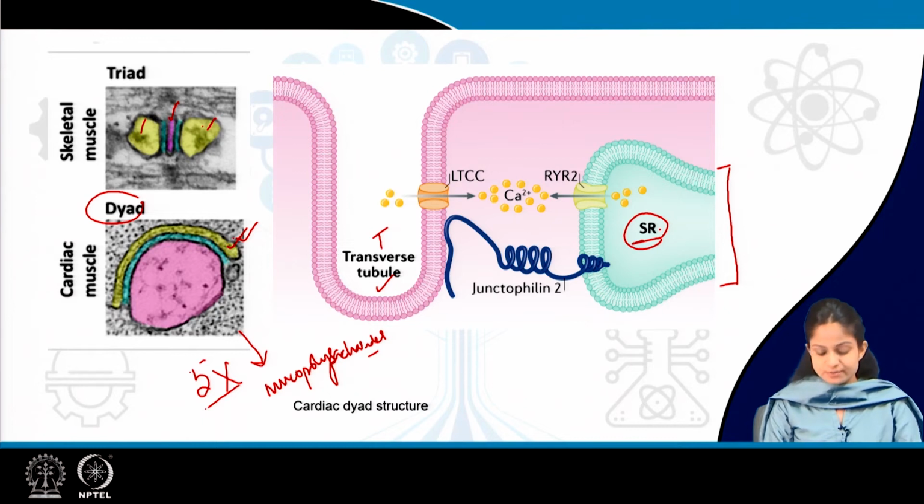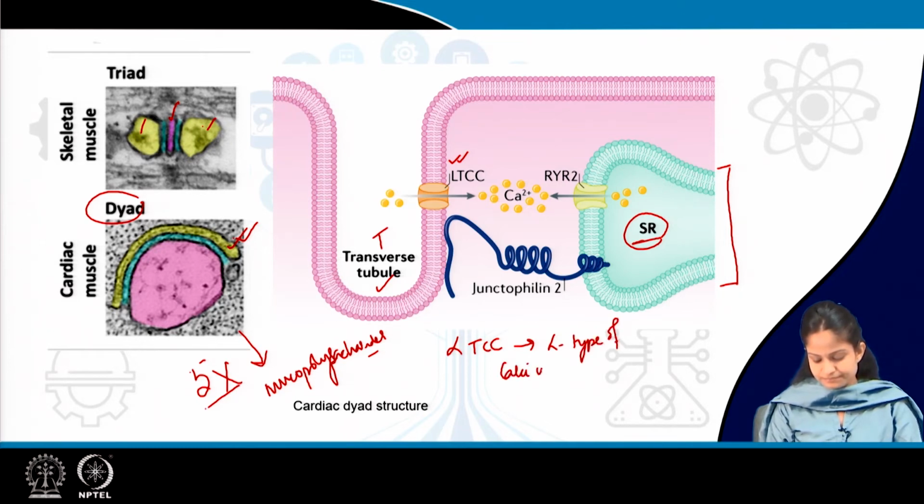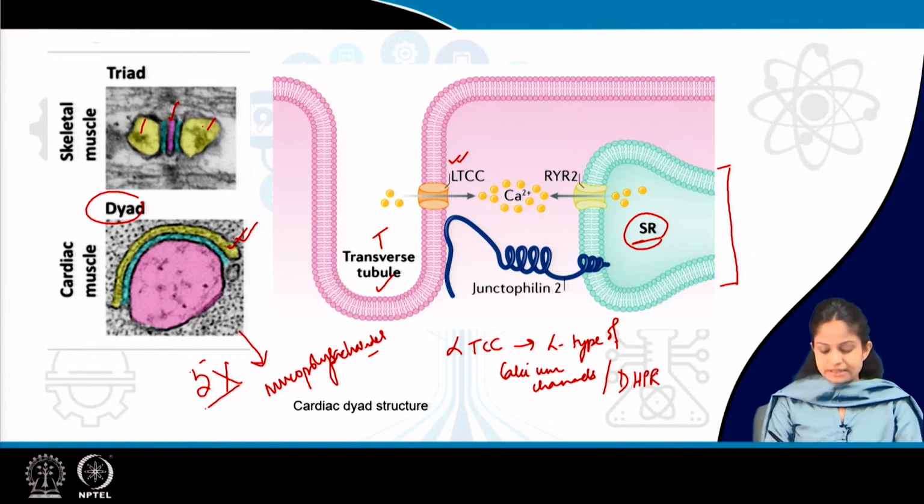The channel proteins present on the surface of the T tubules are L type calcium channels, LTCC. Since we have already discussed the various types of calcium channels, this is the L type calcium channel, also known as DHPR, dihydropyridine receptors.